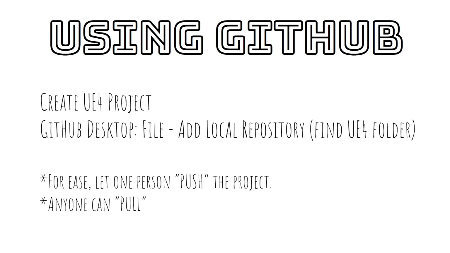So all of you have Unreal Engine projects. You're already past step 1. That's great. Step 2, you're going to open up GitHub Desktop, and you'll click File, Add Local Repository, and you'll choose the Unreal Engine folder that you've already created. And that's pretty much it.